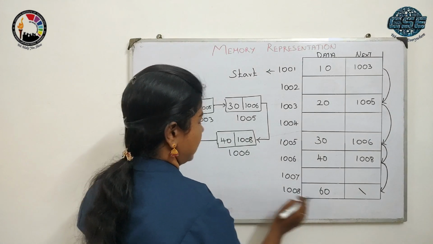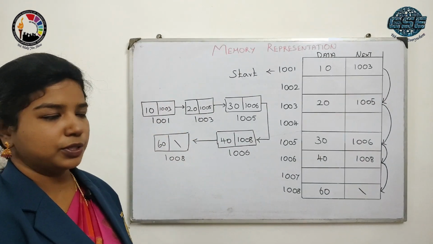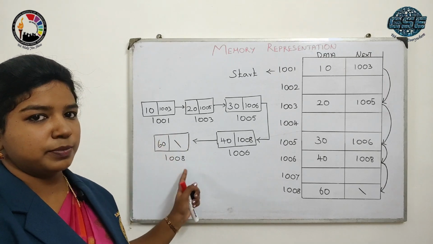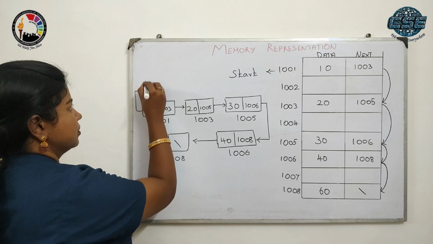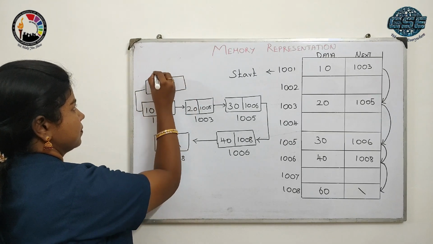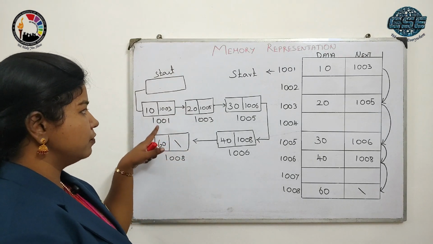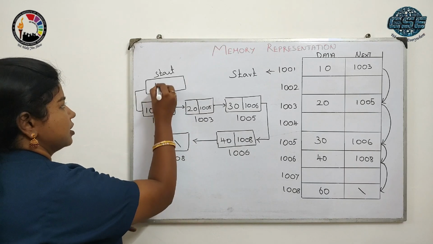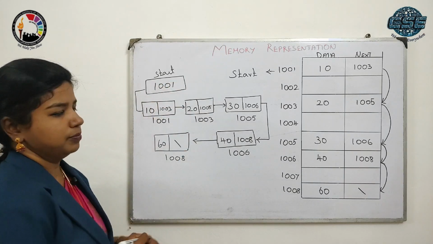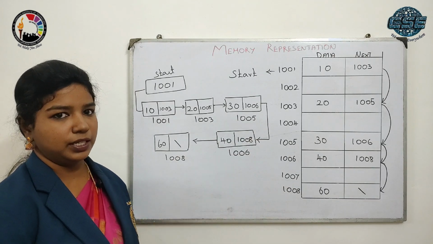At 1008 we have the value 60 and the next part is going to store the value null, because this marks the end of your linked list. So the start pointer will have the address of the first node's memory address location, which is 1001. So this is the sample memory address representation of a simple linked list.